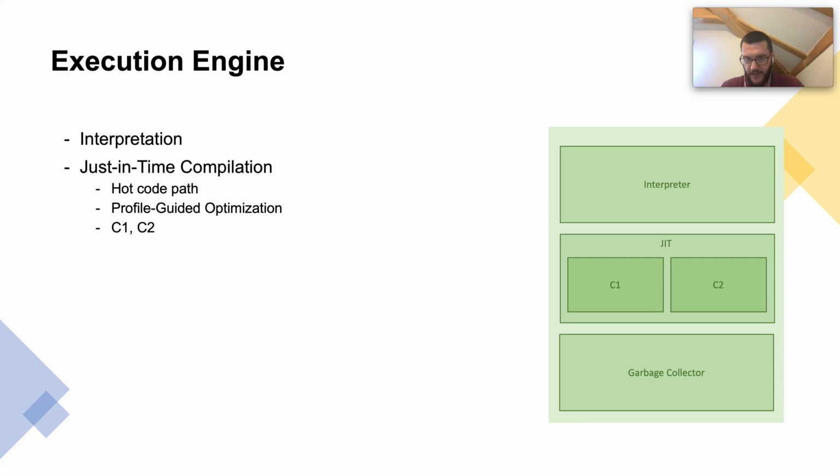Technically, there are two JIT compilers. These are the C1 and C2 JIT compilers. C1 is generally used for desktop applications, and C2 for long-running server applications.